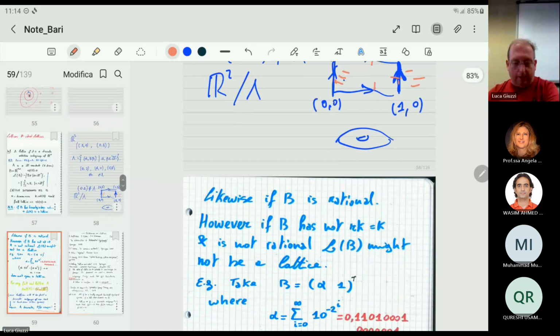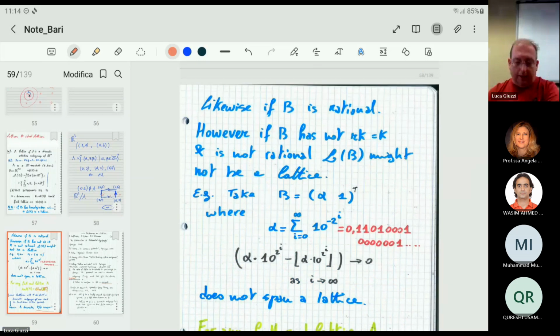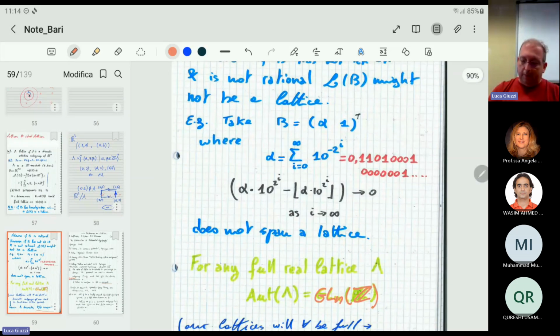Just a remark here: even in R2, if we take the object spanned by this vector, alpha 1, where alpha is a real number given by this series, which obviously converges, then we obtain a vector which does not span a lattice.